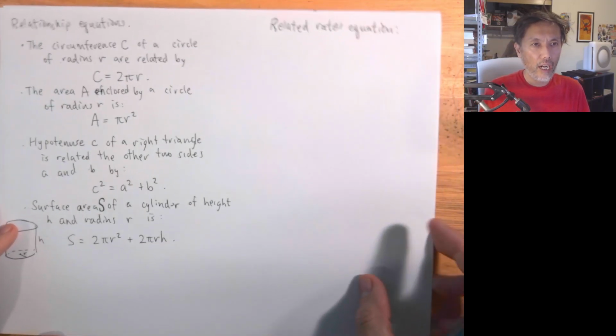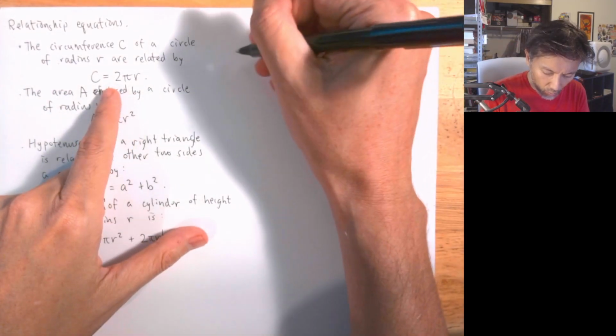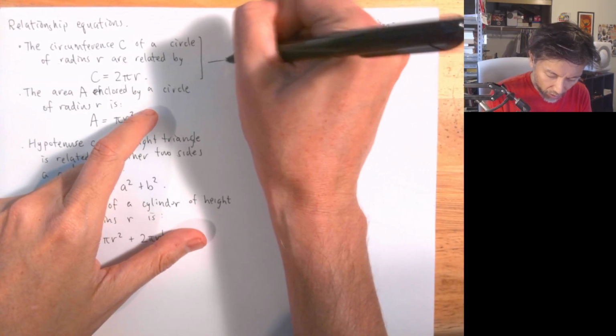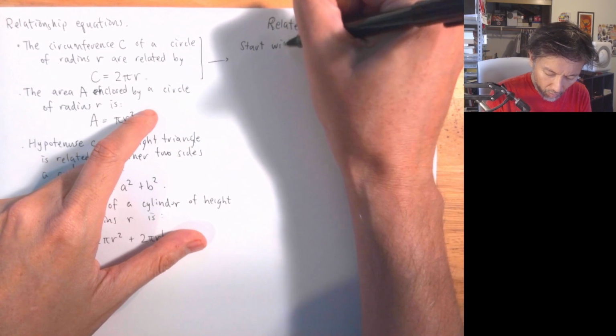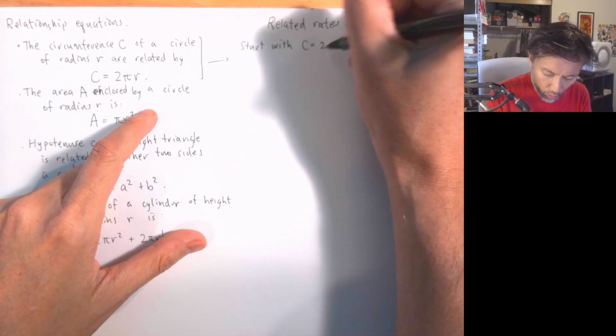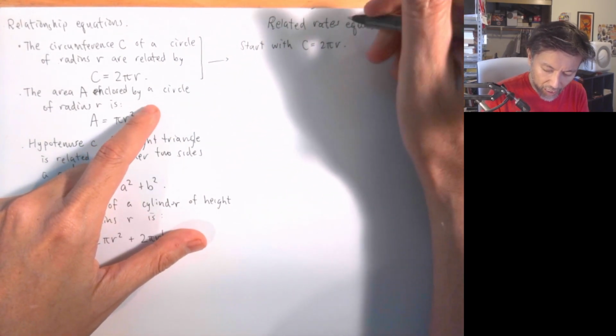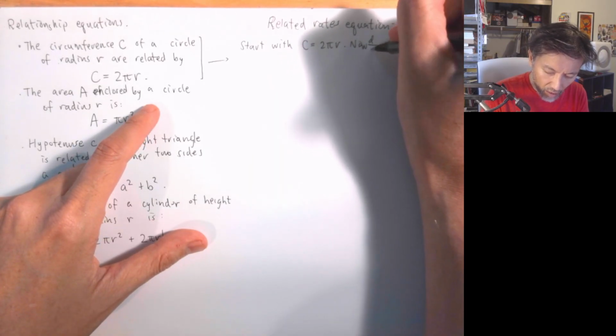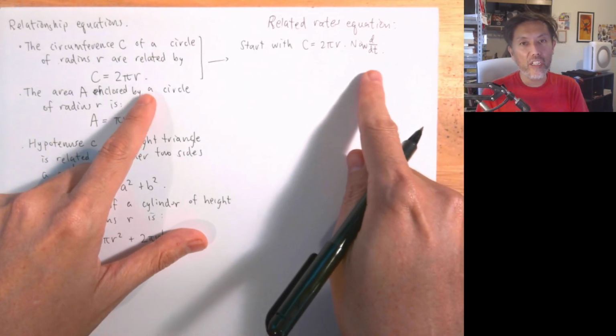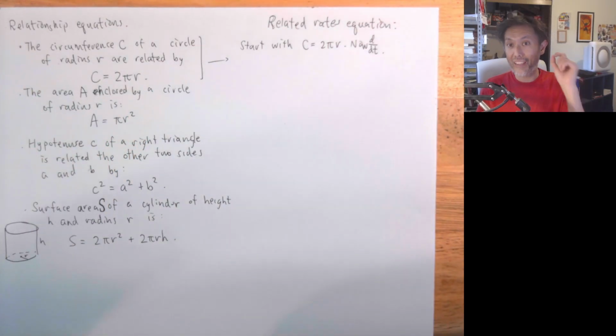So with this example right here, what I could do is start with C equals 2 pi r, and now take d/dt of both sides. Why d/dt? Because I'm imagining that r is going to be changing with time.